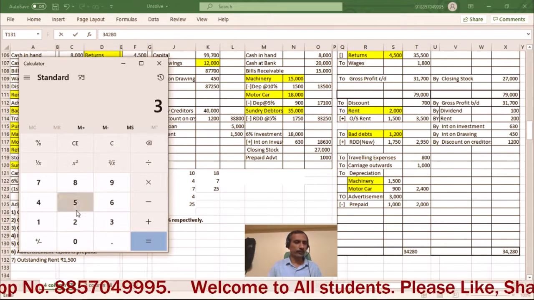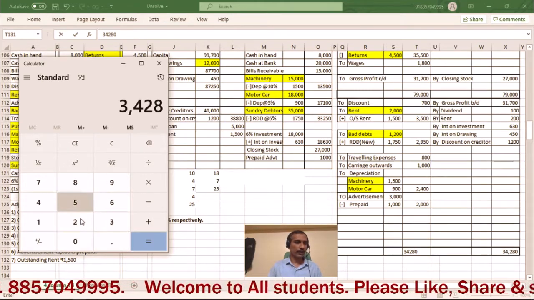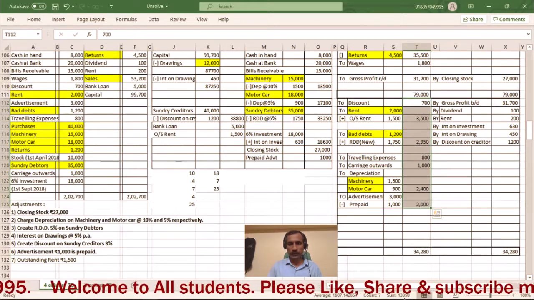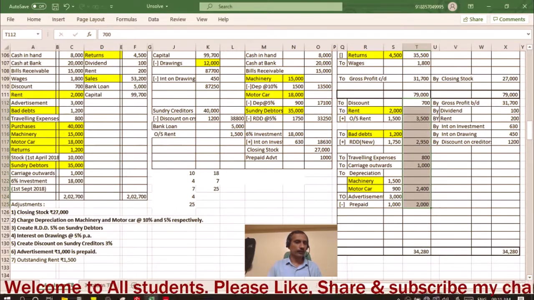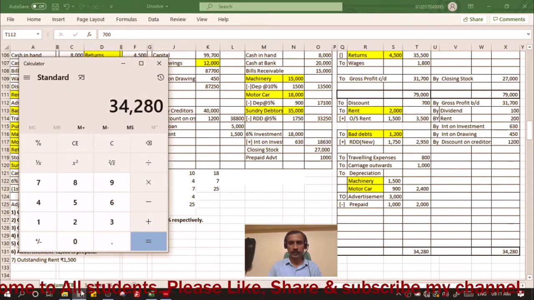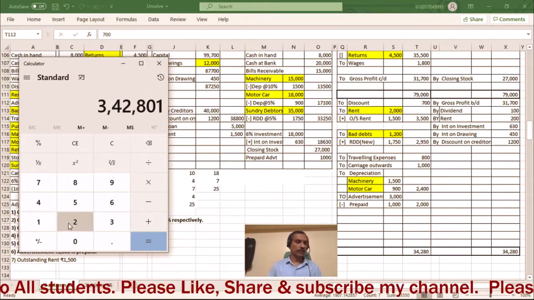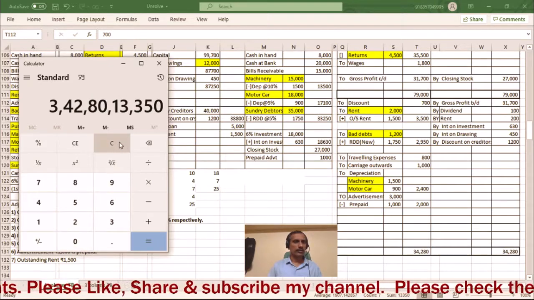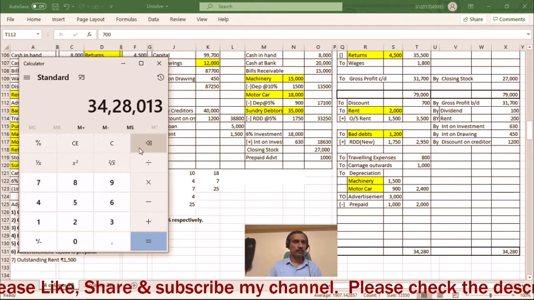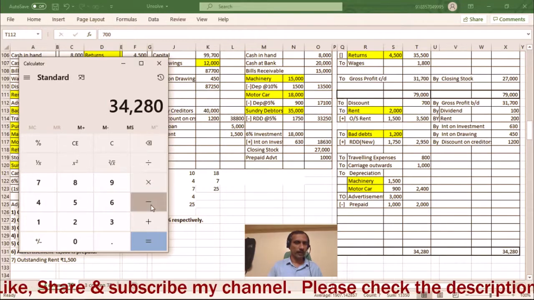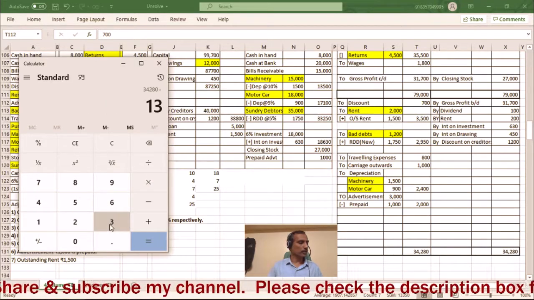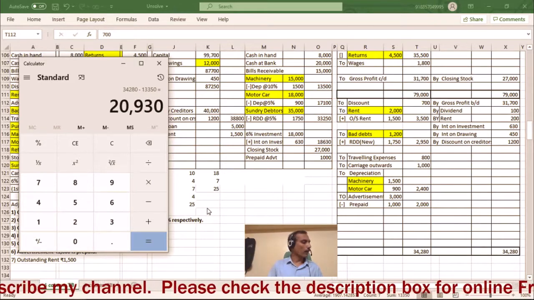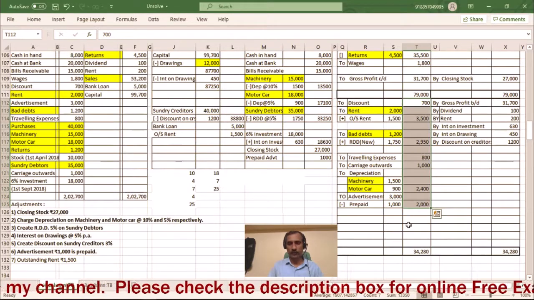Now using a calculator I am going to calculate net profit. 34,280, and on this side the total amount is 13,350. Sorry. 34,280 minus 13,350. So the amount will be 20,930.